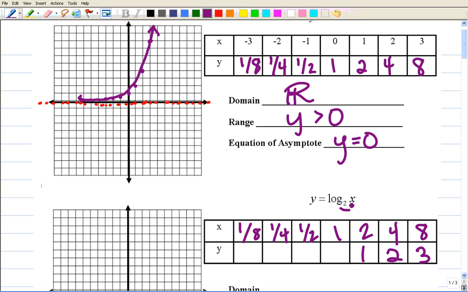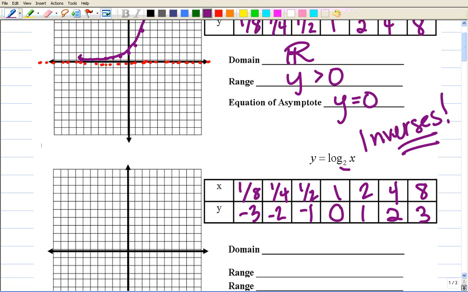And if we are looking for log base 2 of 1, if x is 1 right there, anytime that number is 1, doesn't matter what our base is, that y value is 0. And so you'll see that when we fill in the rest, if you compare the exponential function with the log, the x and the y values are switched. And that is because these two things are inverses of each other.